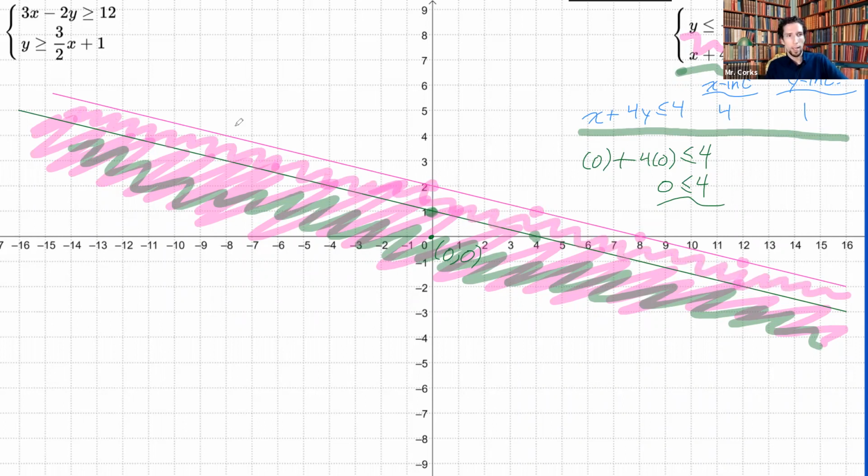Same situation that we had last time. Parallel lines here. But last time they didn't overlap at all. What do we notice about the relationship between these two here? The solution area.